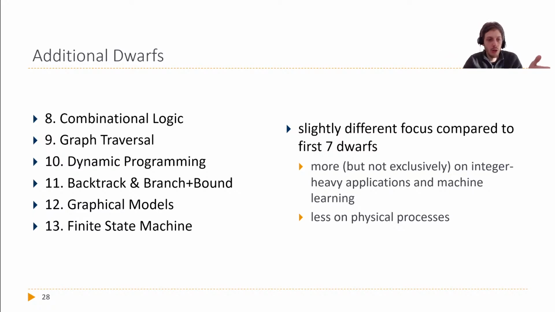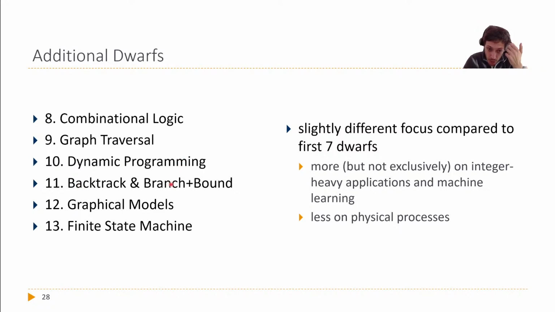We can, of course, also do something like combinational logic, for example, where we want to figure out how many solutions there are to a certain problem. We could have graph traversal, for example. We can have dynamic programming. I will give examples for each of those.